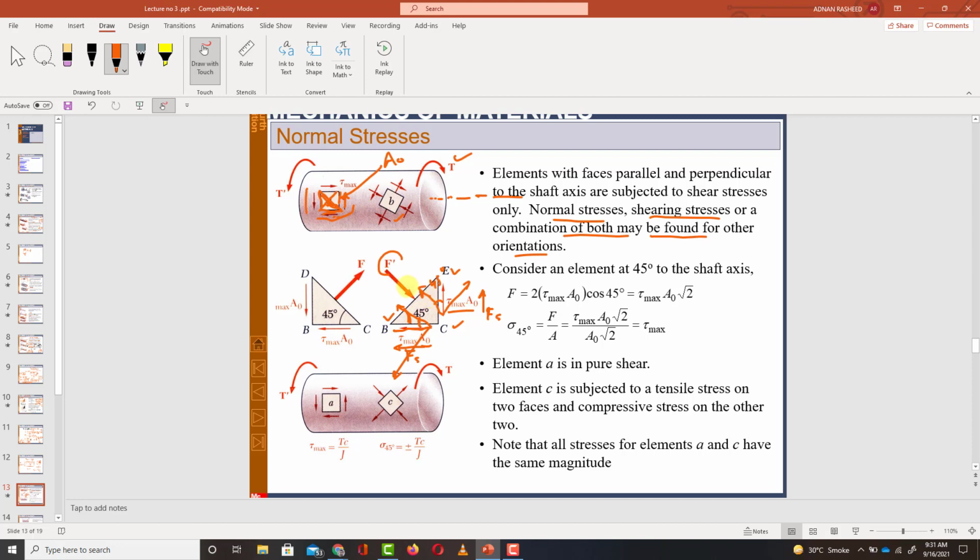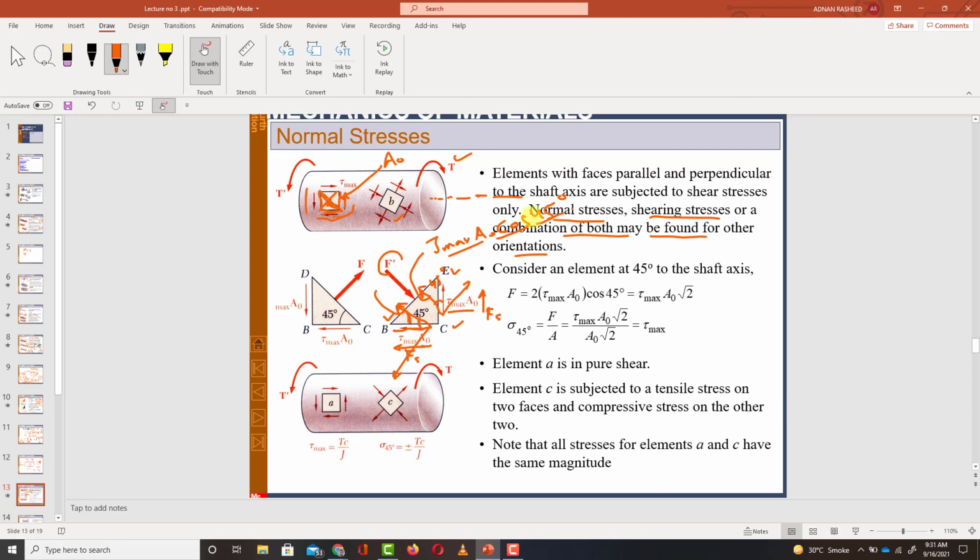So this component of the shear stress, which is opposite to this normal force, will be equal to tau max A naught cos of 45 degrees. And similarly this component will also be equal to tau max A naught cos of 45 degrees.